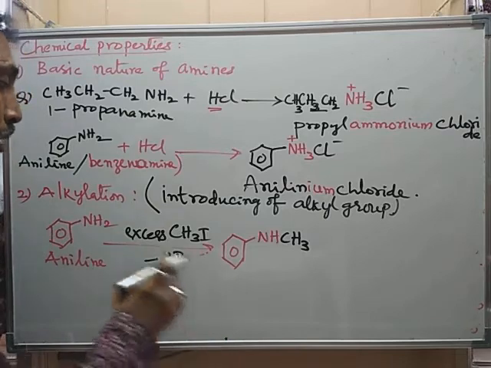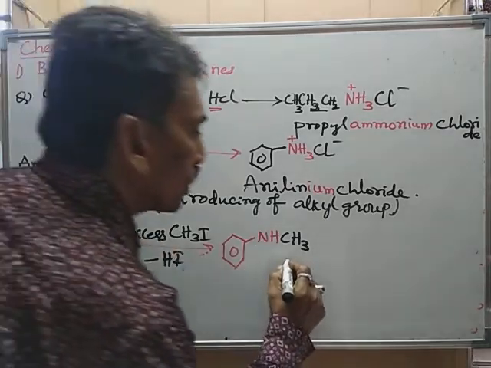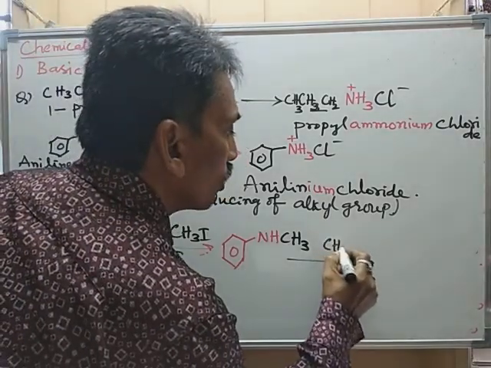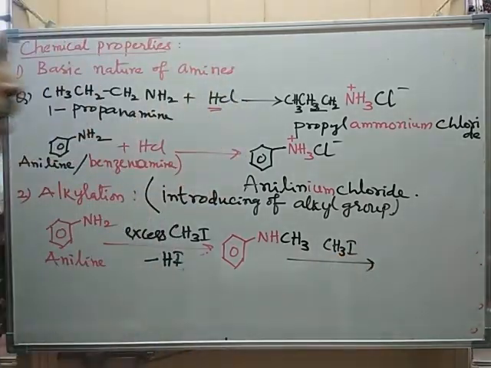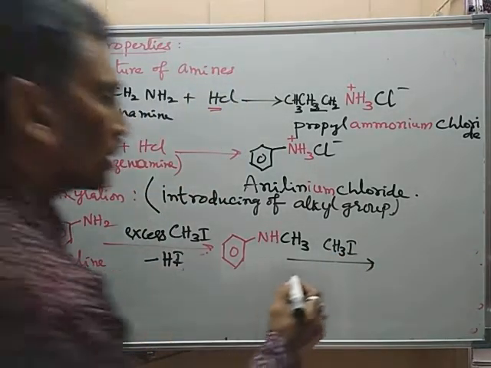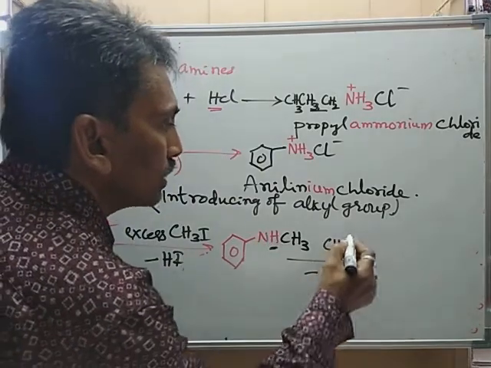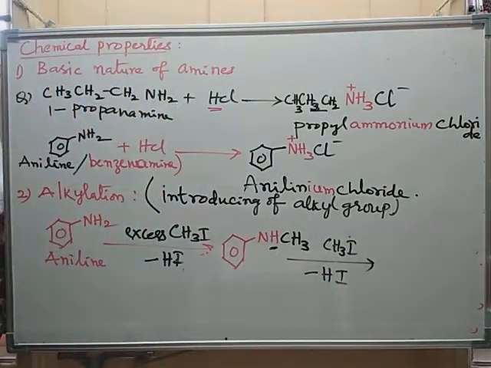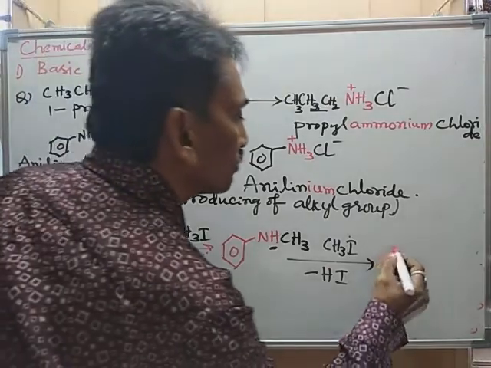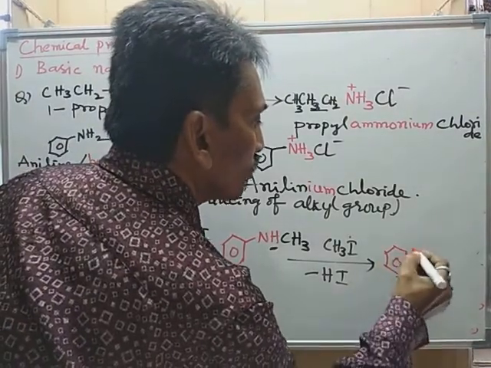Then, excess means one more mole of methyl iodide is to be used. Here also one HI is removed, this hydrogen and this iodine, and what is resulted? This you have to concentrate on.